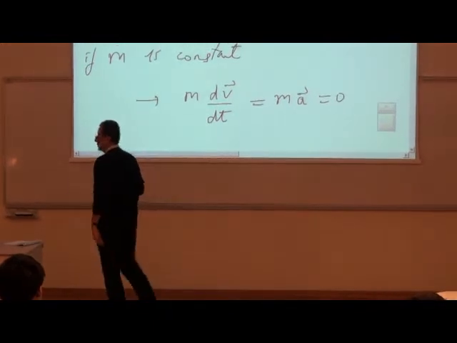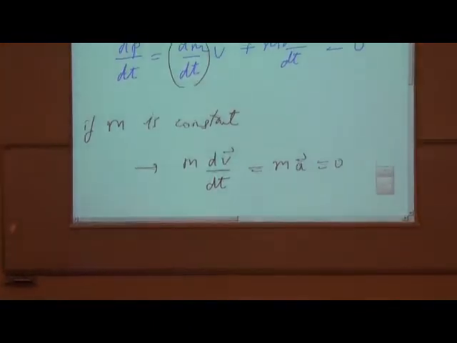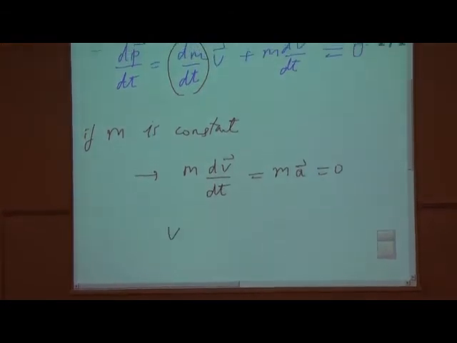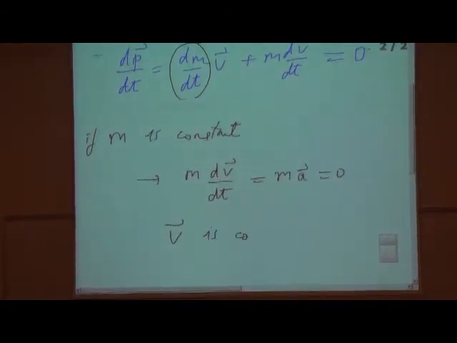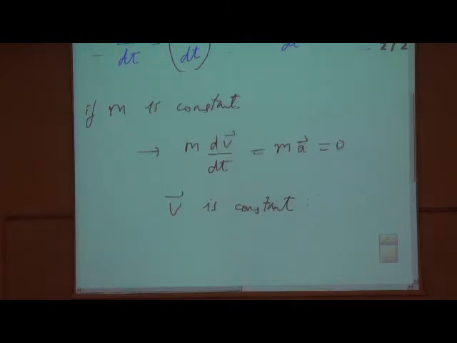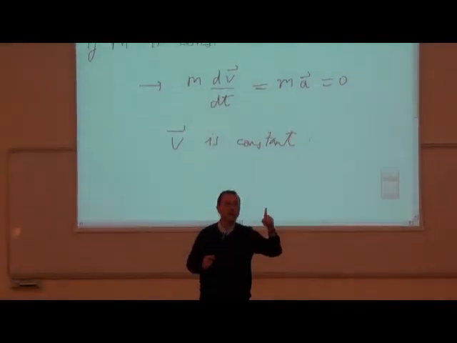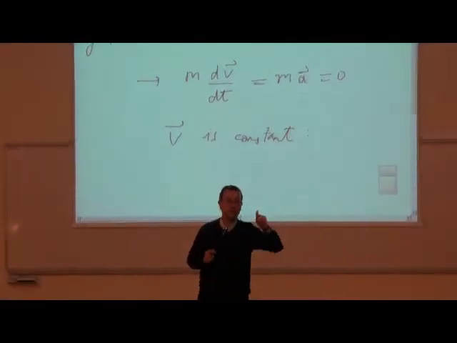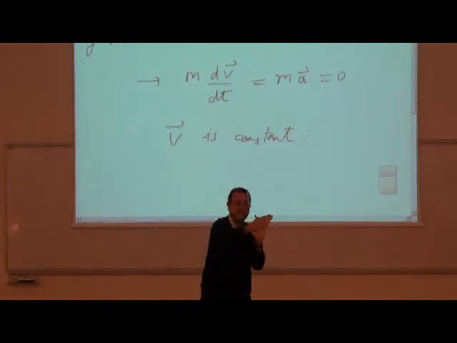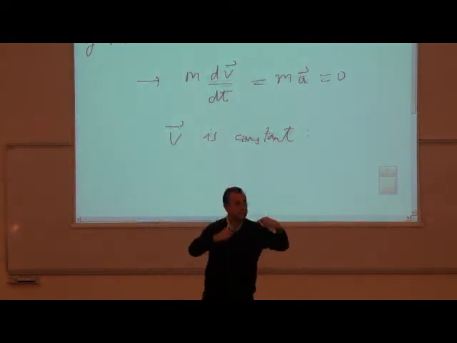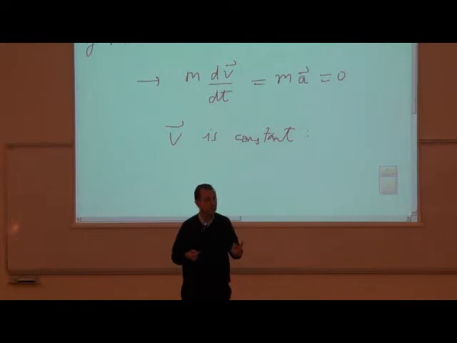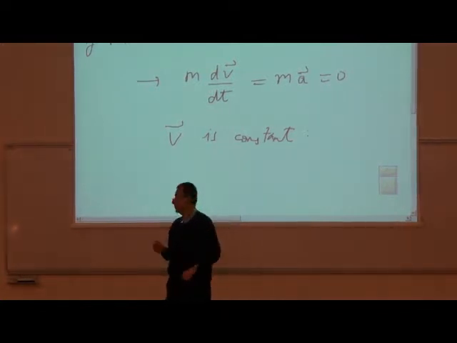So another way of saying Newton's first law is, if there are no forces, the velocity is constant. Now the velocity is a vector. The object is moving in a certain direction. It has a direction and it has a speed. Okay? If the velocity as a vector is constant, it means its speed is not changing, and also its direction is not changing.